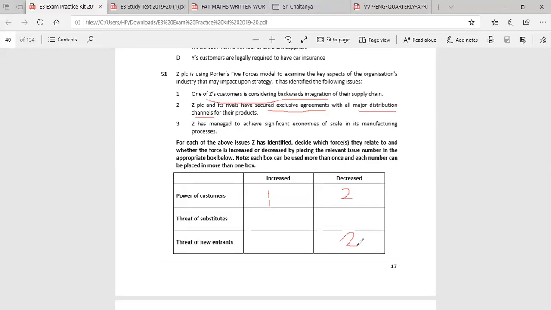Why? Because of the decrease in threat. The decrease in threat of what? You have to be specific.